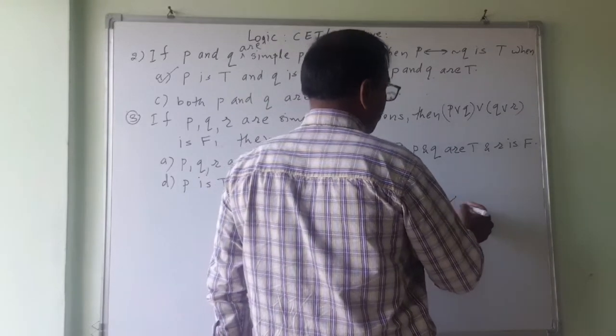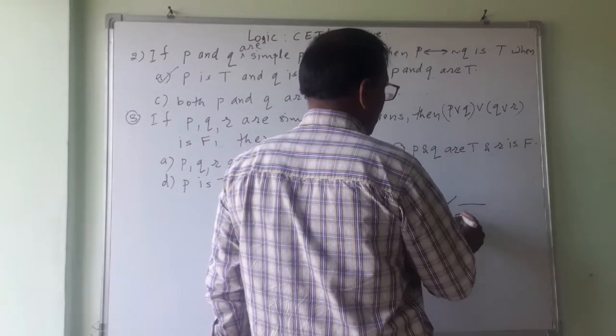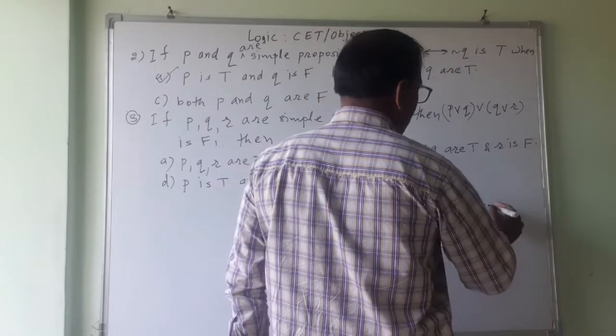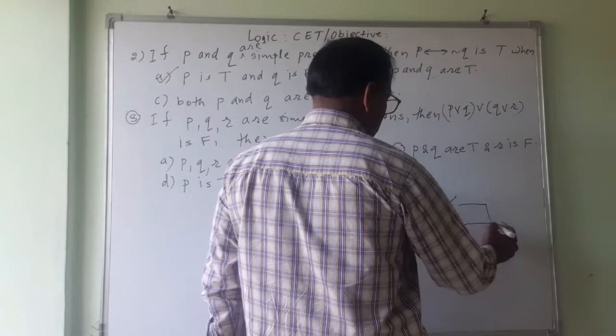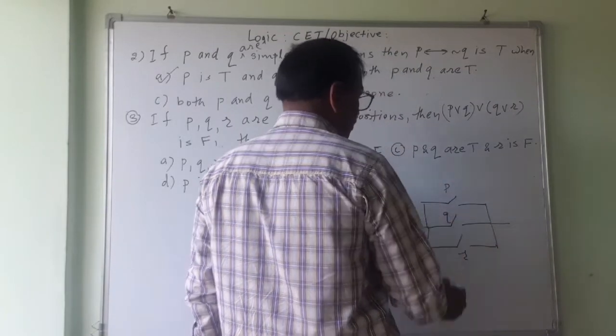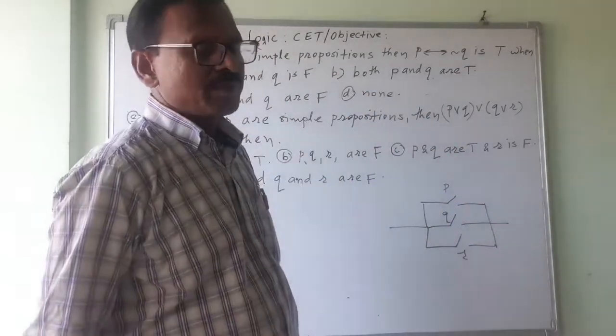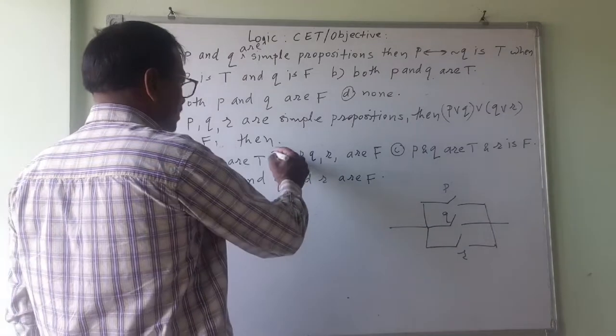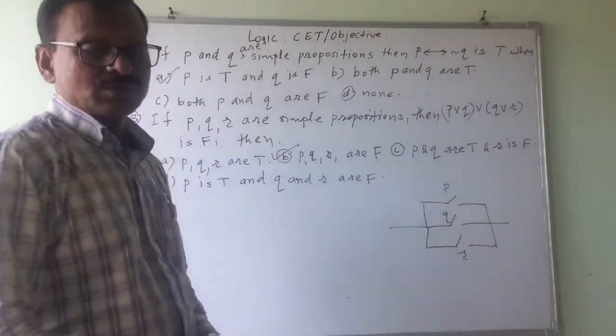This is P, parallel this is Q, and parallel this is R. All of them are parallel. For parallel, nobody should be true. Everything should be false. And such an option is here. So B would be the correct solution.